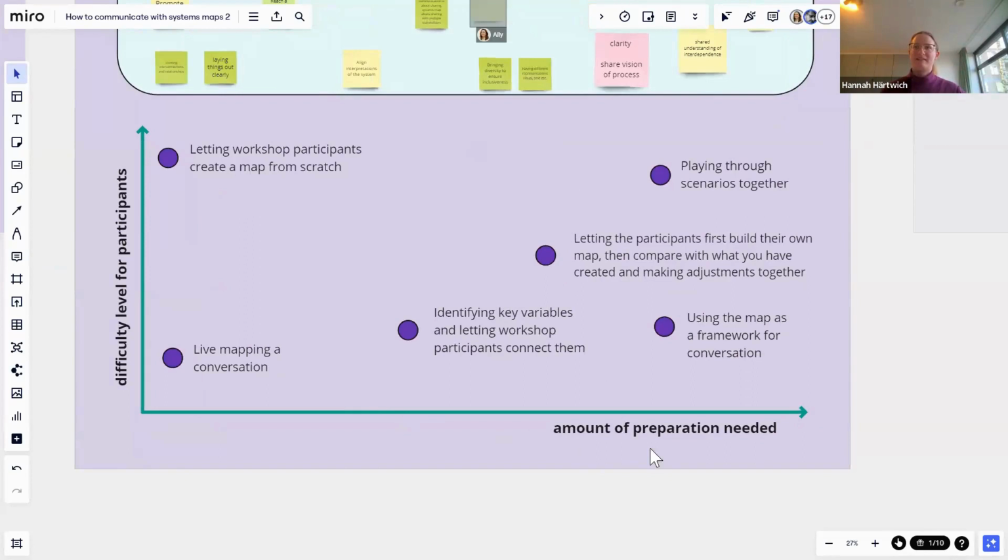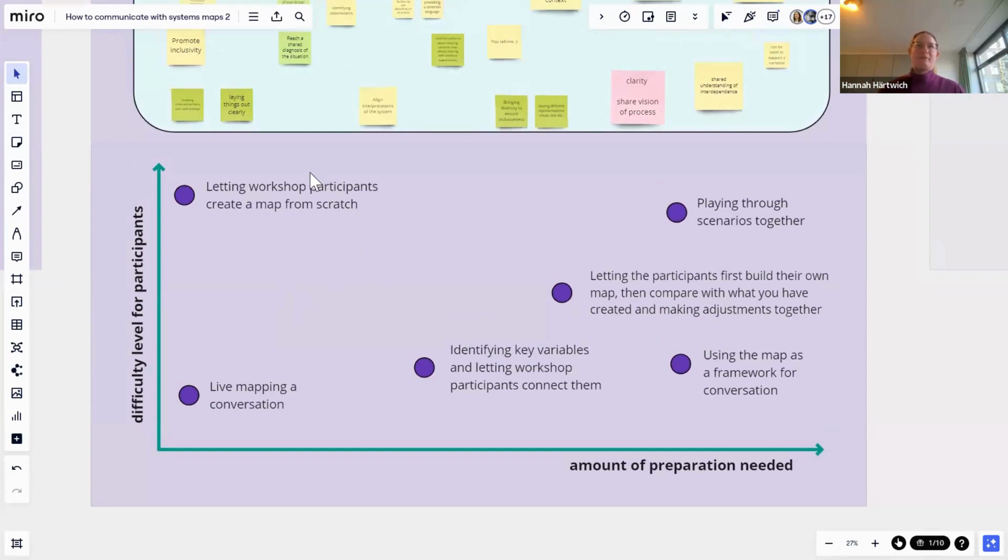Here, what I had a look at is how much preparation it needs from the systems mapper involved in the project, and what is the difficulty level for the participants to work with that method. For example, we can let workshop participants create a systems map completely from scratch, work on that together, and guide them through the process in a session.